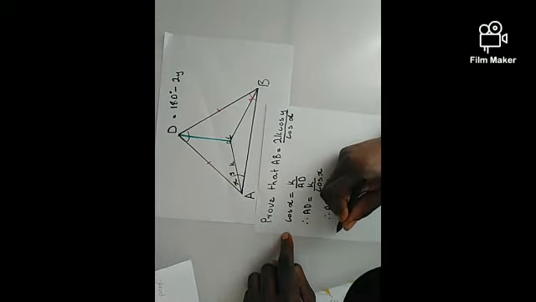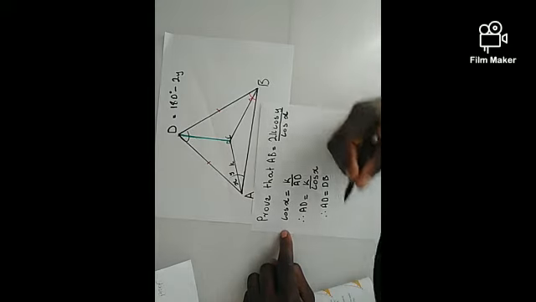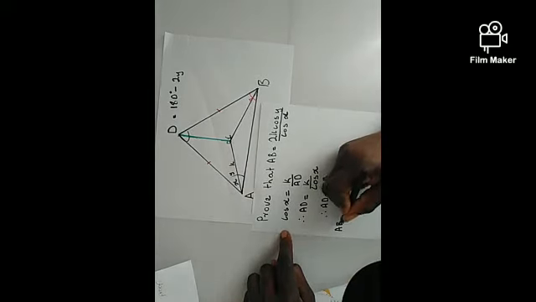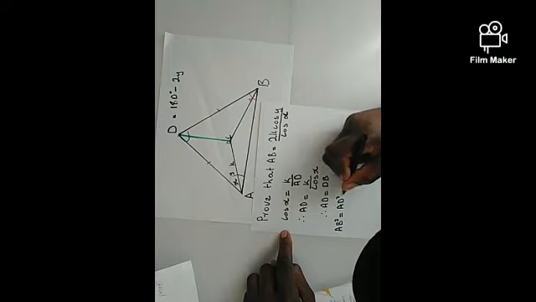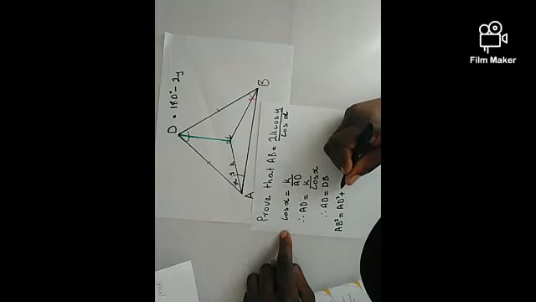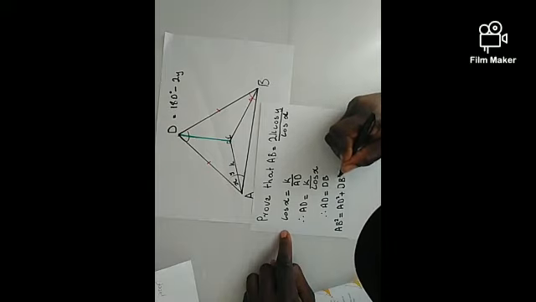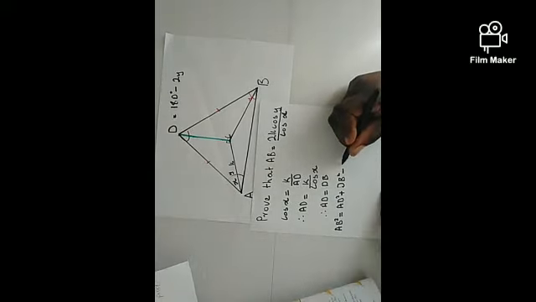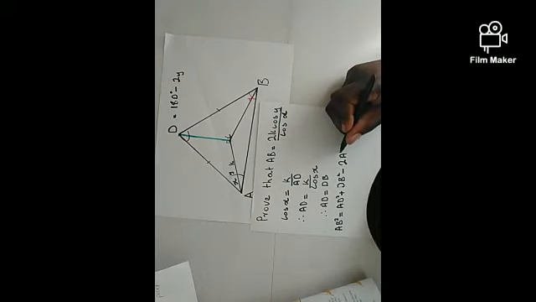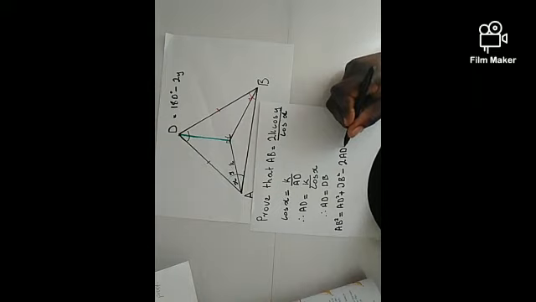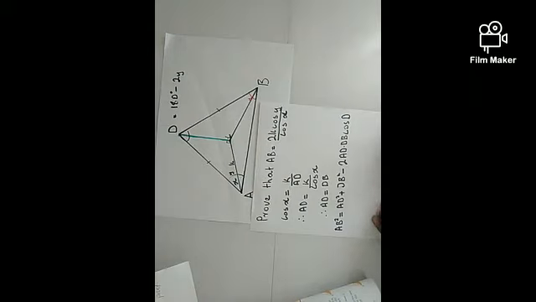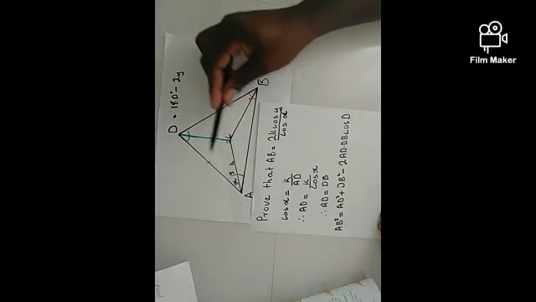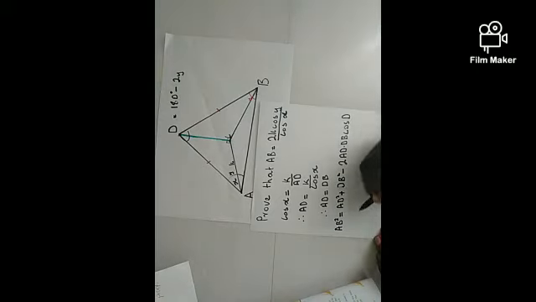Using the cosine rule, we know that AB squared equals AD squared plus DB squared minus 2 AD times DB cos D. This is from triangle DAB.